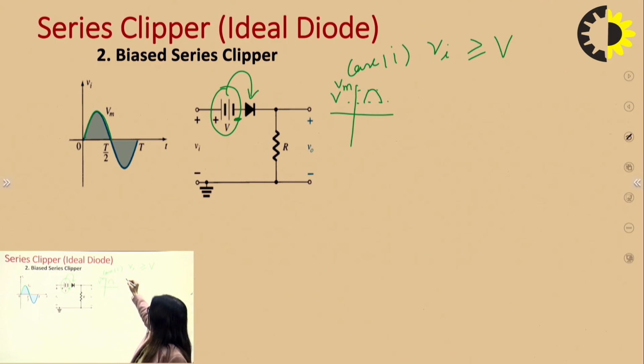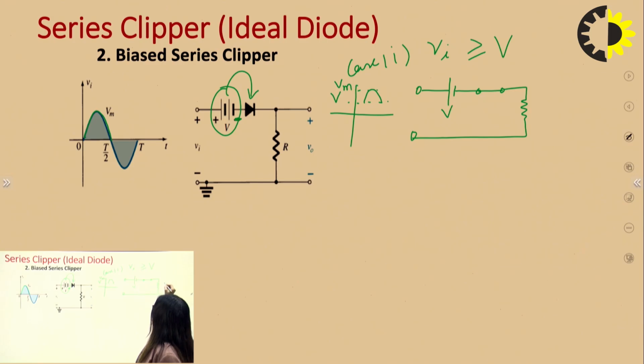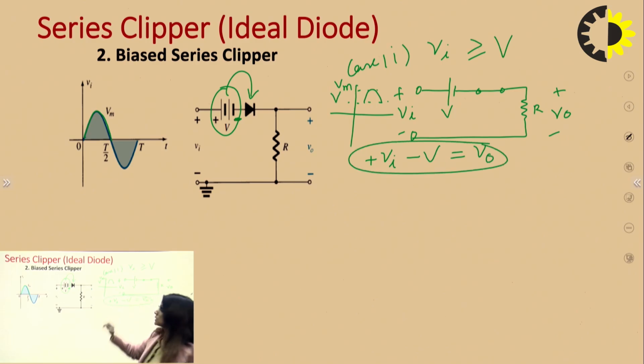Now the diode is short circuited like this, and then R. So we will apply KVL: Vi minus V is equal to VO. So output voltage will be Vi minus V, right?